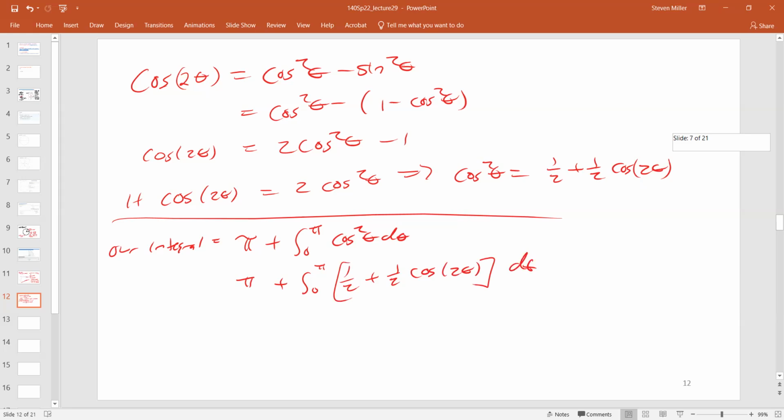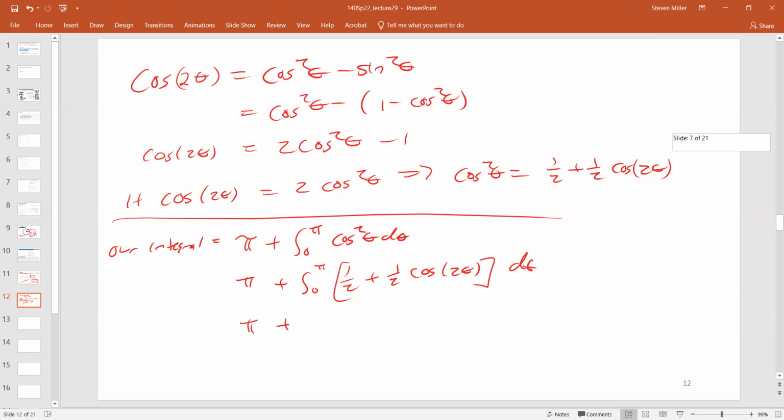So given that we now have 1/2 plus 1/2 cosine 2 theta, okay, now we just have 2 integrals left to do. So the first one, what function has derivative 1/2? Theta over 2.